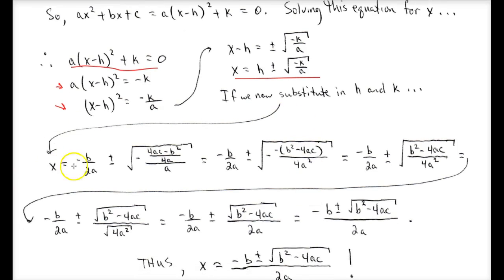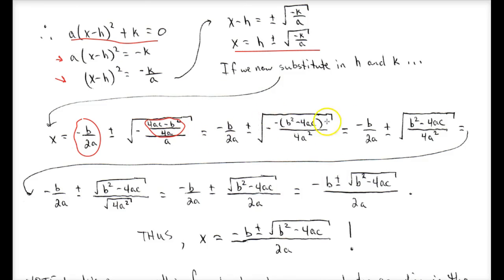Now, recalling that h is minus b over 2a and that k is all of this stuff, if we substitute all that in and rewrite it, you can see that once we do all the algebraic manipulation, it turns out to be minus b plus or minus the square root of b squared minus 4ac, all over 2a.